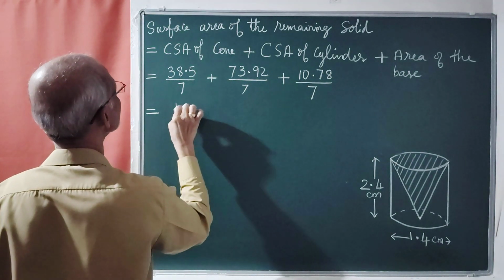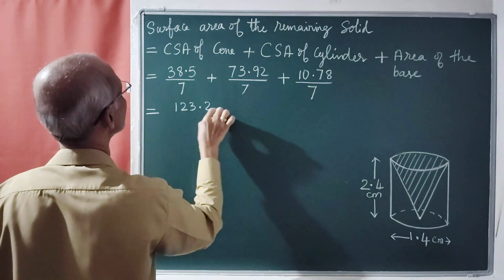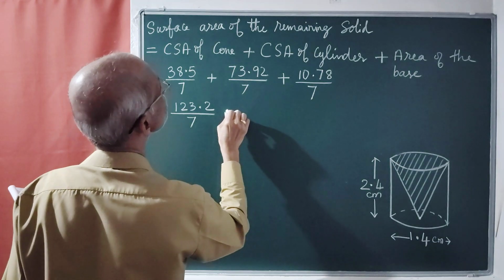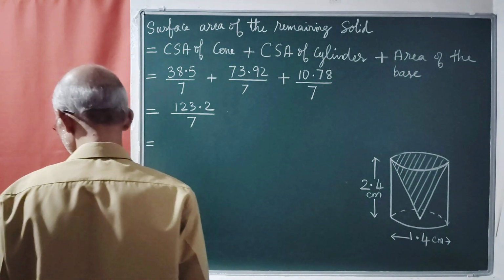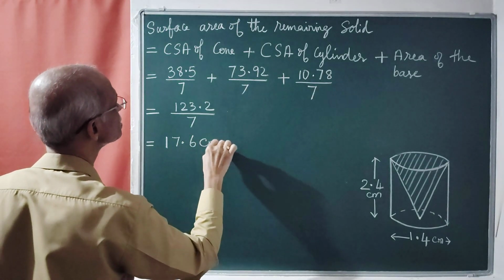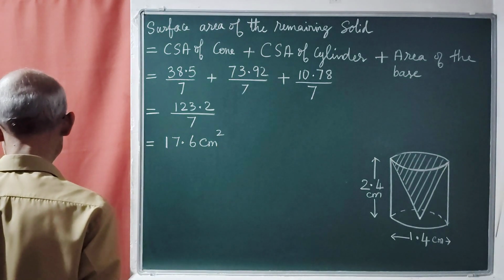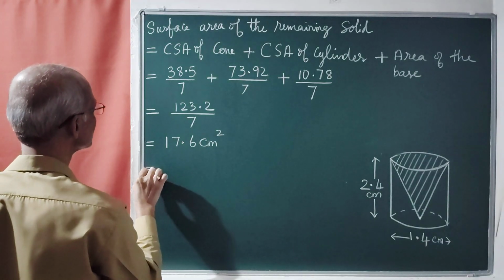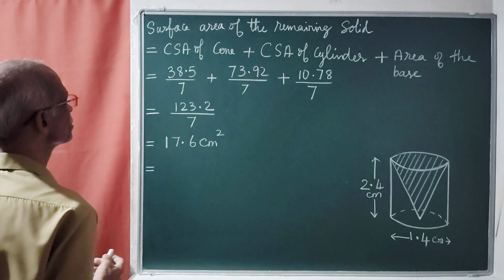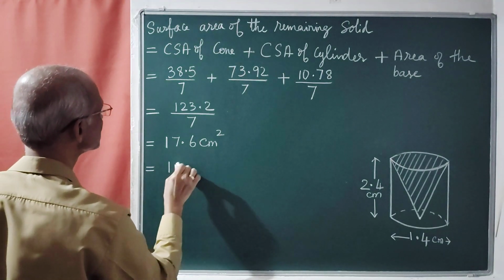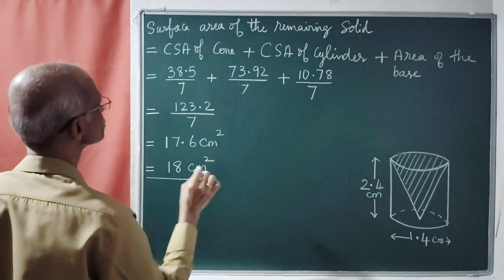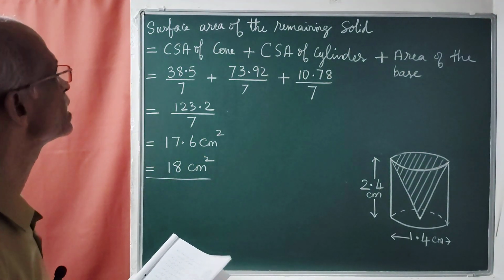You will get 123.2 by 7. That's equal to 17.6 centimeter square. We have to find the answer to the nearest centimeter, so 17.6 can be written as 18 centimeter square. This is the area of the remaining solid.